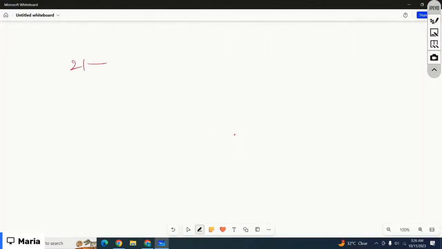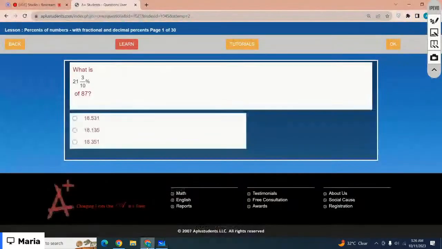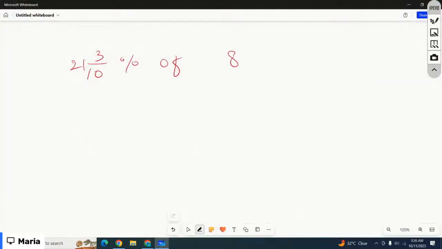What is 21 and 3 by 10% of 87? 87 is the whole, right? You have to calculate the part of 87. How much part? 21 and 3 over 10. When you write 3 by 10 as 0.3, you can write it as 21.3%, and that would be the value of n.